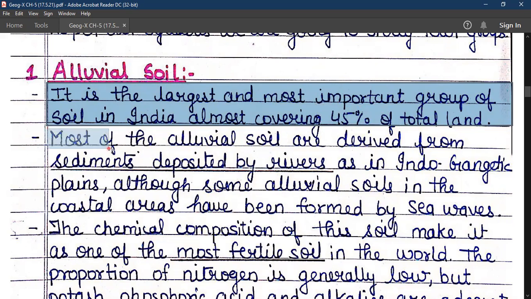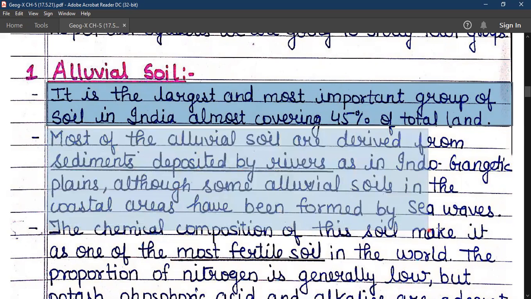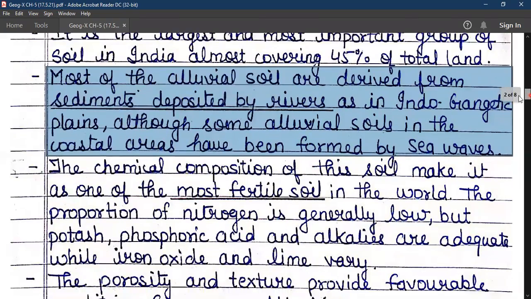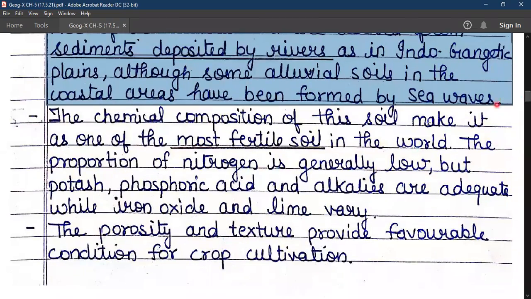Most alluvial soil is derived from sediments deposited by rivers, as in the Indo-Gangetic plains, although some alluvial soil in the coastal areas has been formed by the sea waves. The chemical composition of this soil makes it one of the most fertile soils in the world.